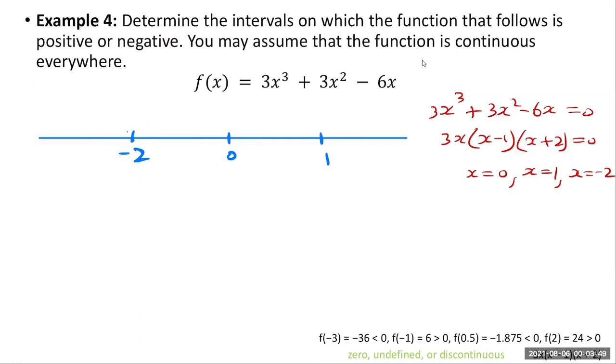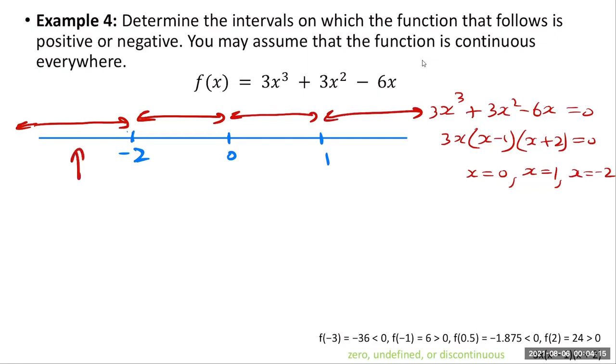So to determine where my function is positive and where my function is negative, I'm going to pick a point from each interval: from -infinity to -2, from the next interval, from the next, and finally from the last interval.